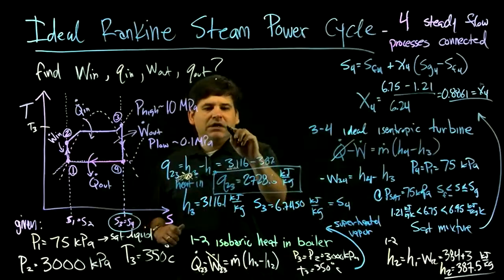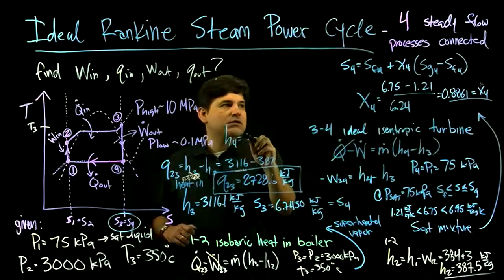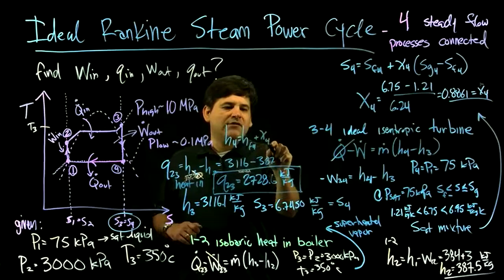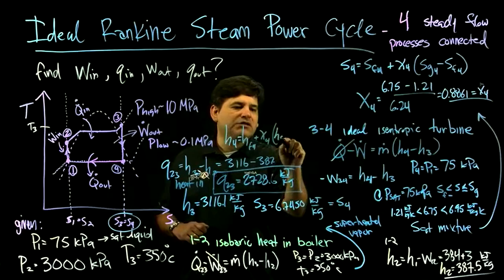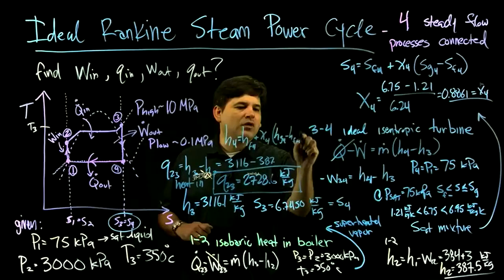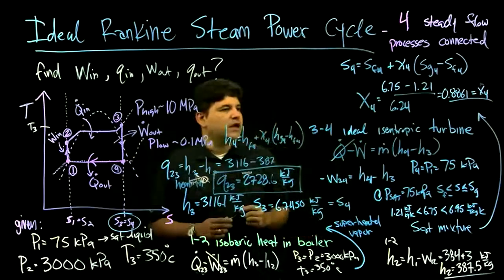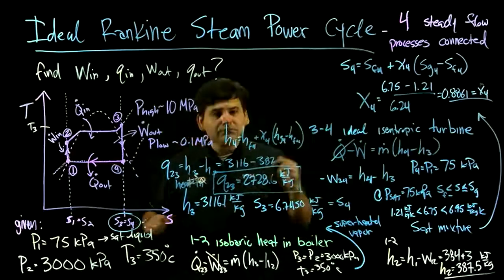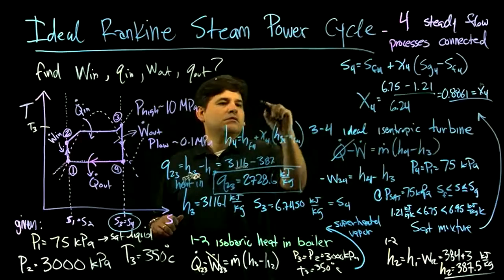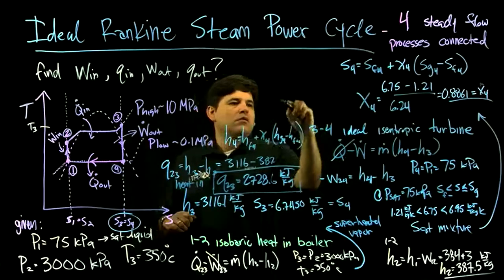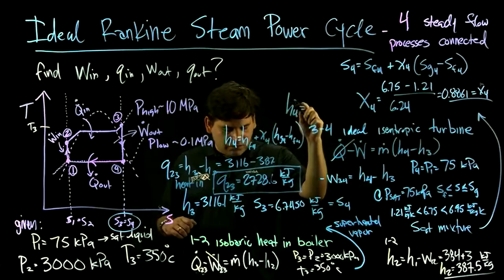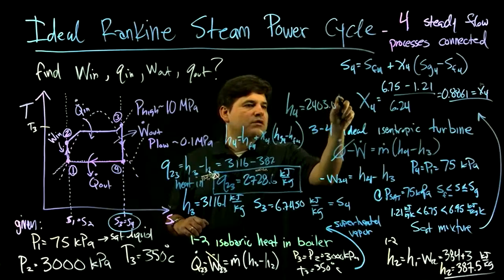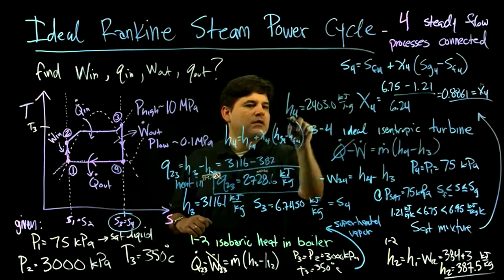So H4 equals H of the fluid Hf4 plus the quality at 4 times this difference, Hg4 minus Hf4. And when we do that, looking up those values, H4 equals 2403.0 kilojoules per kilogram. That's H4.